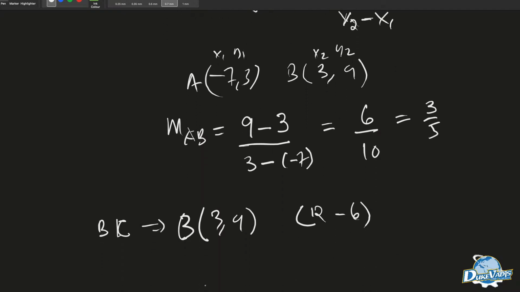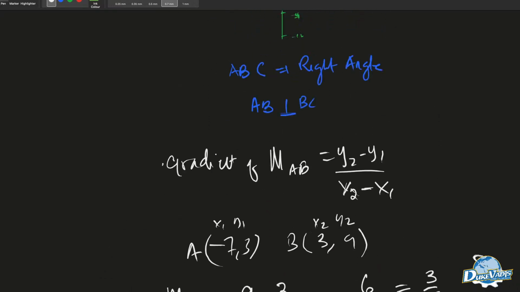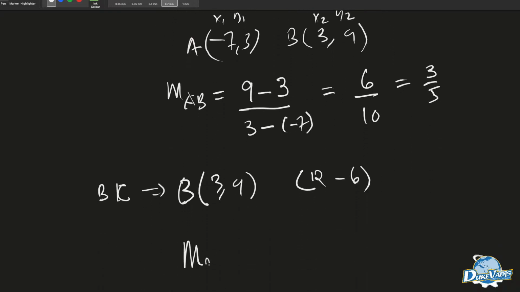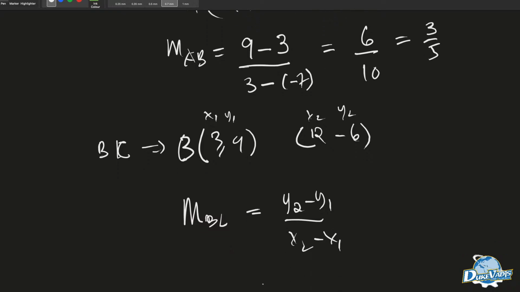So we find the gradient of the line BC, with x1, y1, x2, y2. The same formula: y2 minus y1 over x2 minus x1. Okay, friends? And we'll be able to substitute our respective values. We know y2 is -6, so minus 9 over x2, which is 12, minus 3.